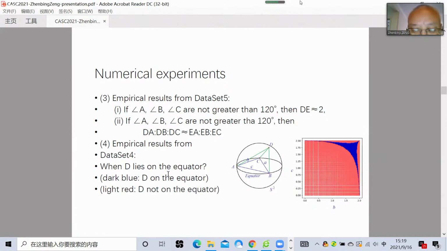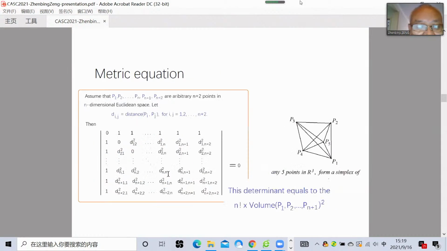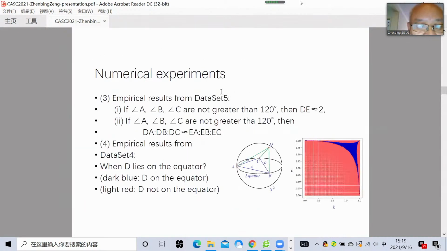So we go to the next page, and this page will show how to construct equations for this kind of problem.